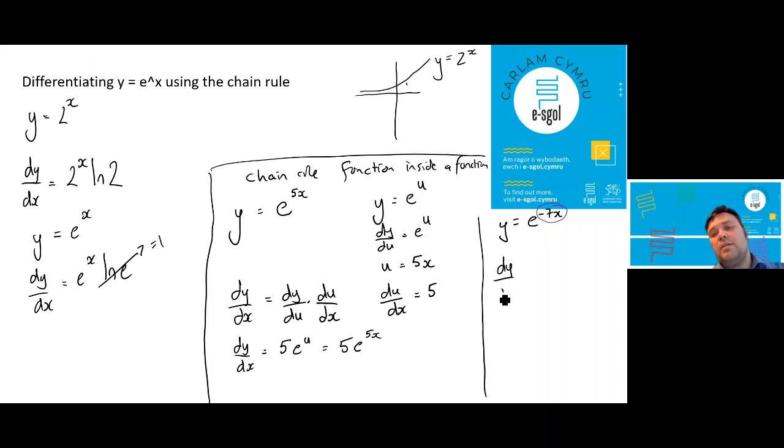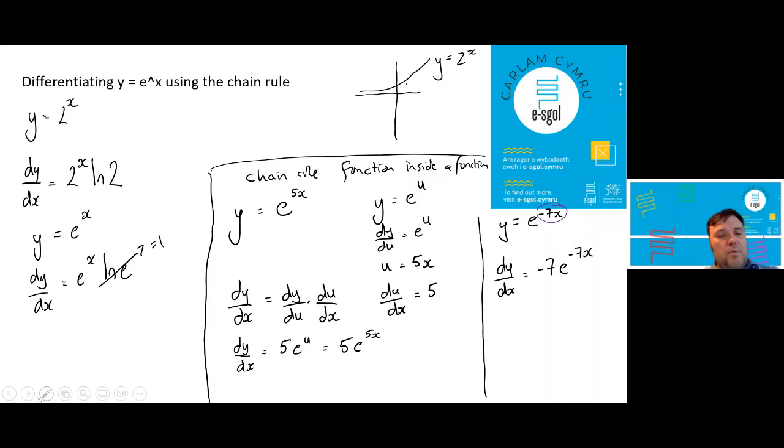So dy by dx equals minus 7e to the minus 7x. We don't need to worry about log of e and all the rest of it because we know that just goes. So that's a little bit about the chain rule, but you will do the chain rule, product and quotient rule more in A2 rather than in this. But I wanted you to understand where it's coming from so that you can work through it yourself.